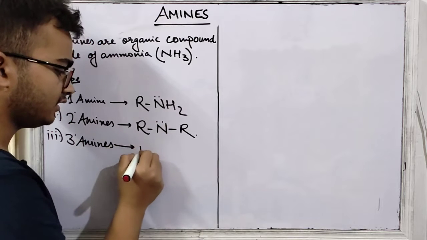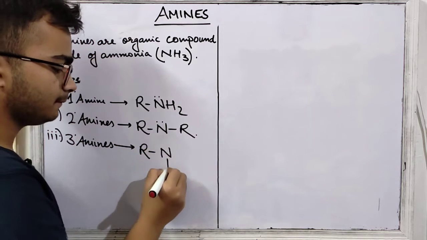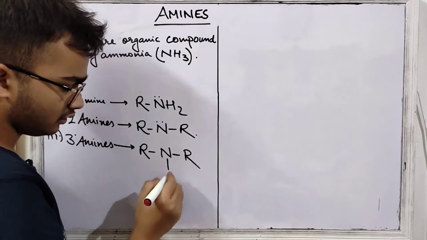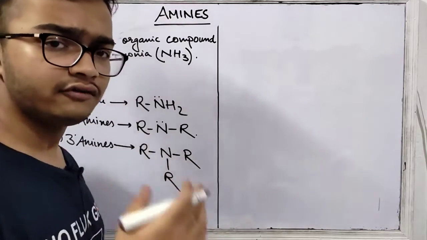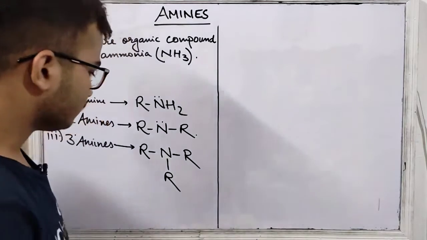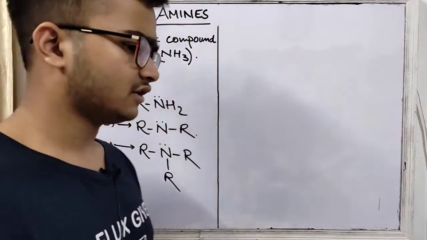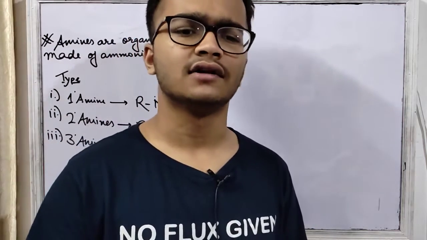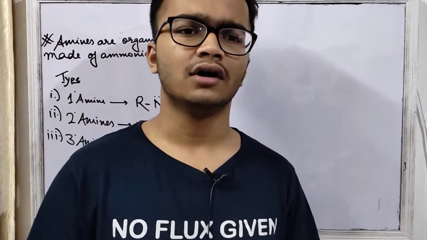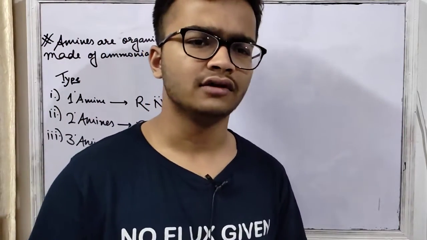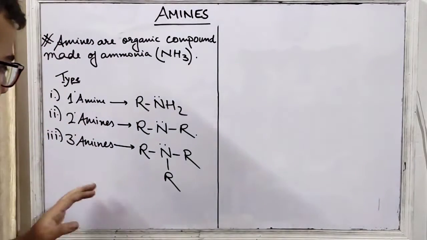And for 3 degree amine, R, N, R, and here also an R. So this is the structure of your 3 degree amines. Here you can see as soon as the R is increasing, one of the hydrogens is being pulled out of the nitrogen. So there cannot be any 4 degree amines because of the non-availability of hydrogen. Okay, so copy it up to this much.